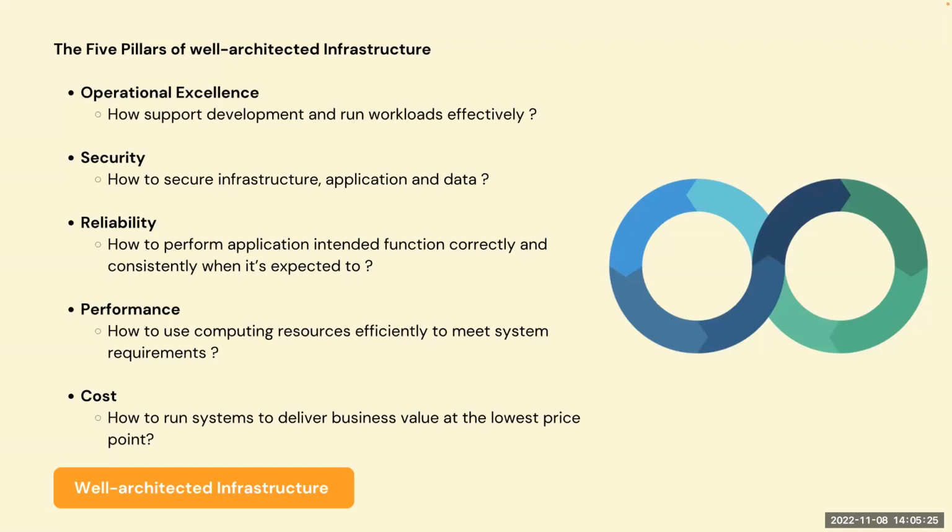Reliability is about making sure that you function correctly and consistently when it's expected to. For reliability, there is what you can do in your application, but it also depends a lot on your infrastructure, and how to make it more fault tolerant.